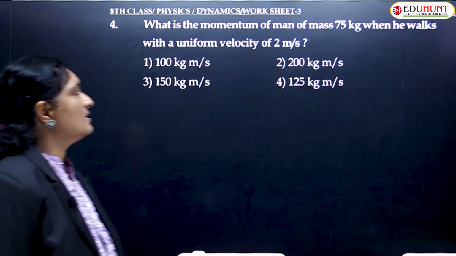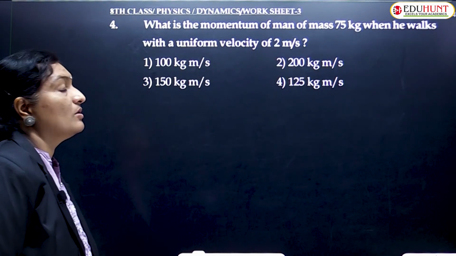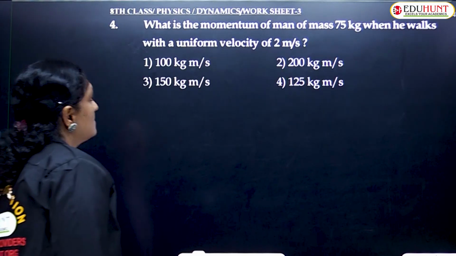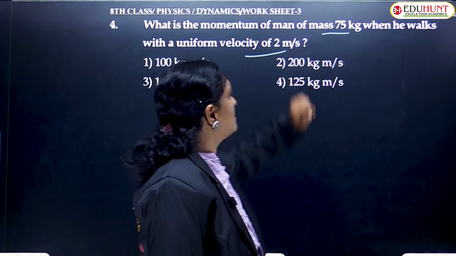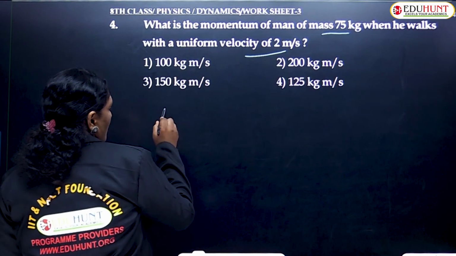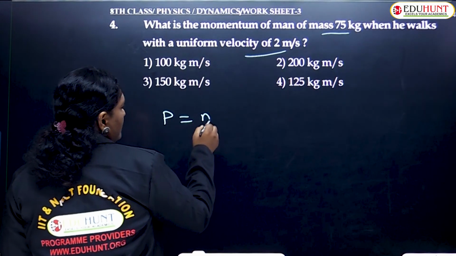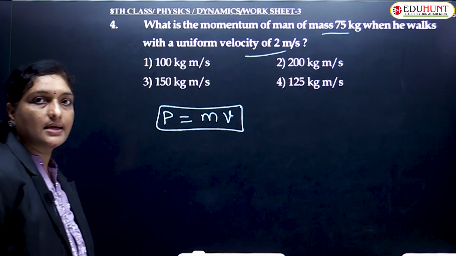Question number 4. What is the momentum of a man of mass 75 kg when he walks with a uniform velocity of 2 meter per second? So what is the given data, children? Mass is given as well as velocity. You are asked to find the momentum. What is the formula for momentum? Product of mass and velocity. Momentum is nothing but the product of mass and velocity.